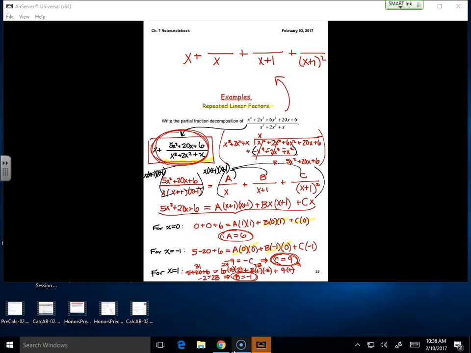And A was 6, B was negative 1, C was 9. We put our partial fractions together with what we got, the whole number from division, and we say, ha, we have rewritten and broken down U. Well, U, that functiony thing.